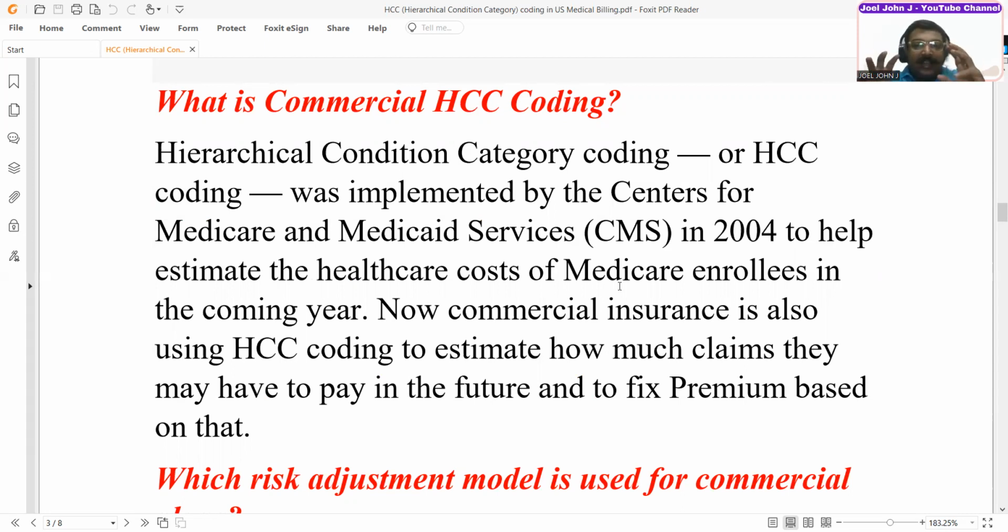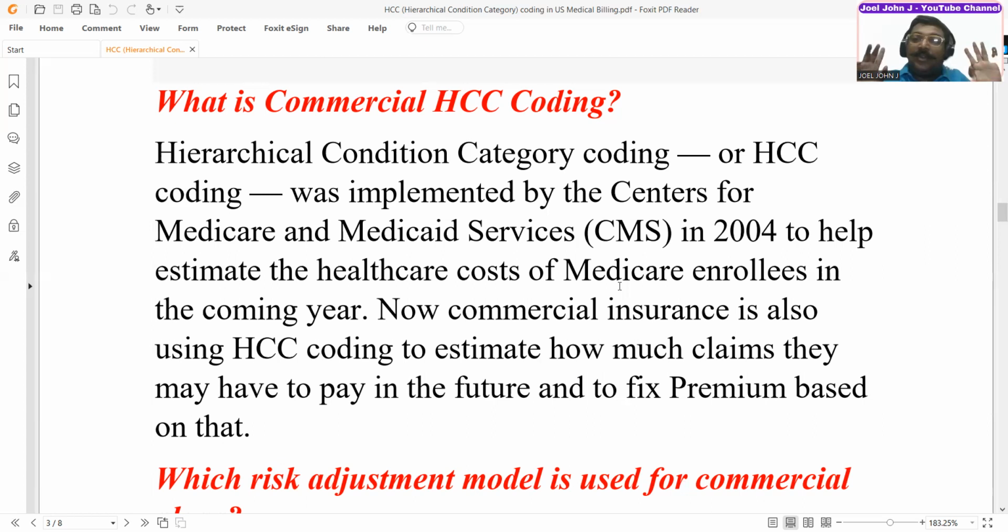This enables Medicare and Medicaid services to estimate what medical cost Medicare is going to pay for the patient, right? So how much they will be paying for their patient in the next year, how they calculate it, is based on this HCC coding. It has a commercial value, right? So it's also called commercial coding.